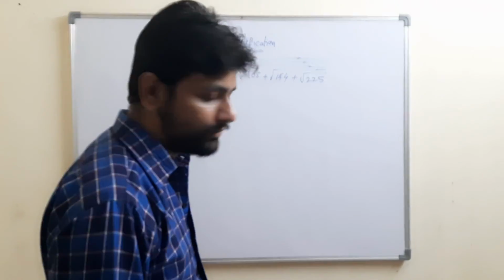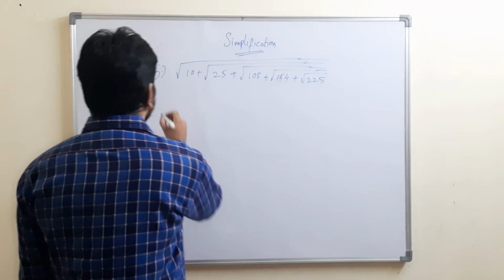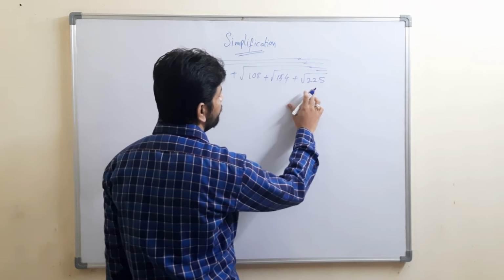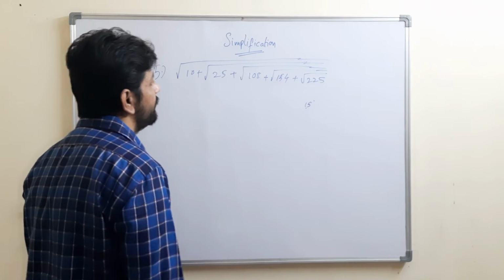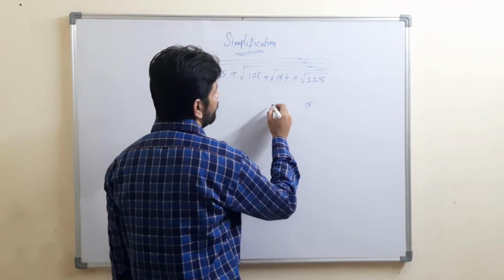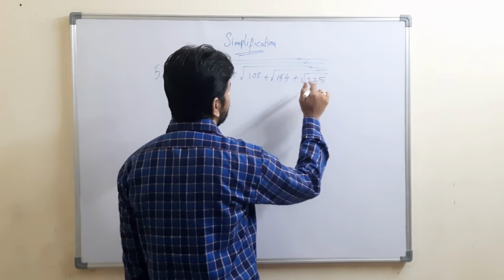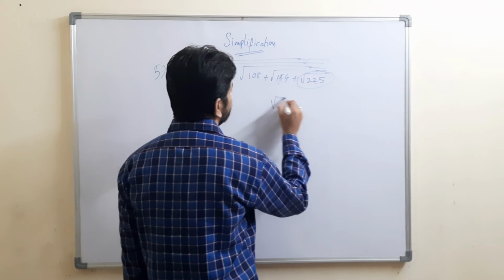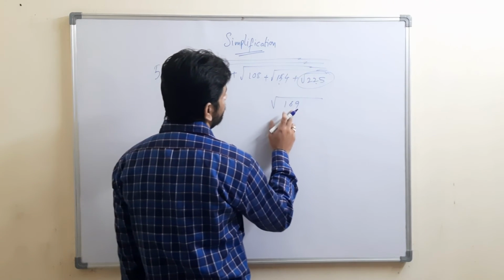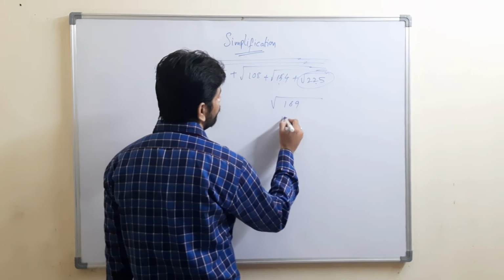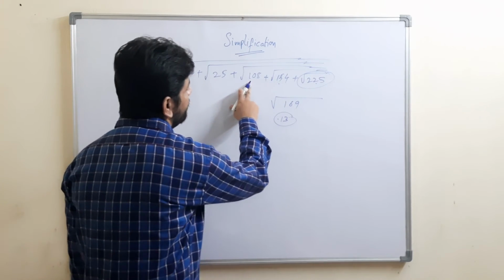This type of problem is similar to the previous one. What is the square root of 225? 15. So 15 plus 154 is 169. The square root of 169 is 13, we know that. So write 13.